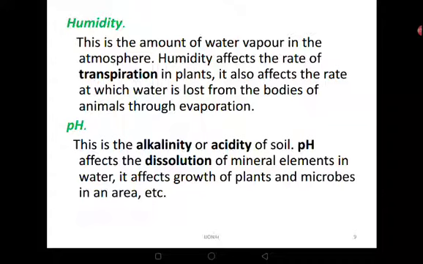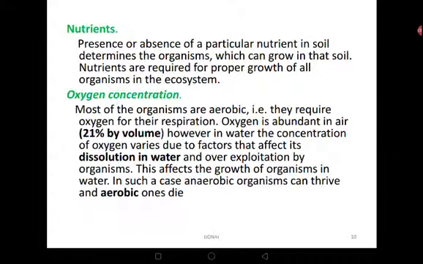So the pH, you have heard of some soil, the pH favors growth of fruits. In other soils, the pH favors growth of legumes or cereals. So pH is very important for the survival of what? Organisms, and it's a very important Edaphic factor. The other factor is nutrients.